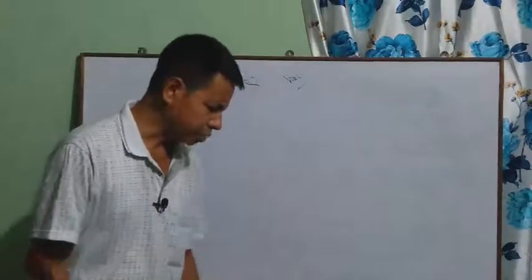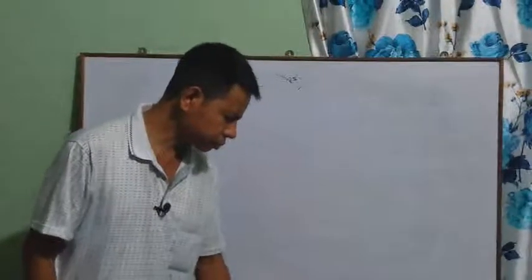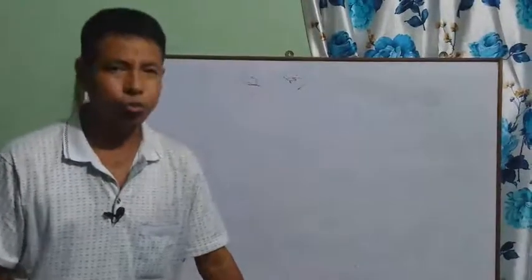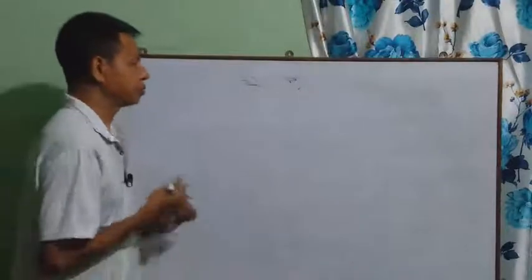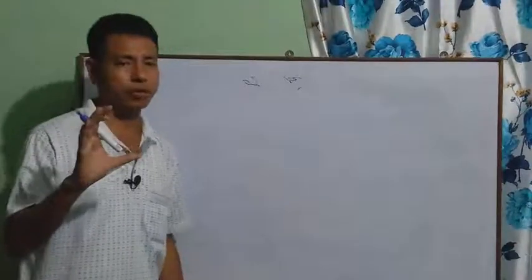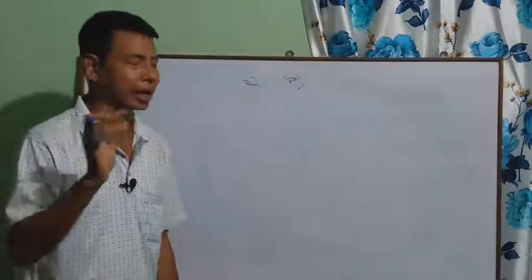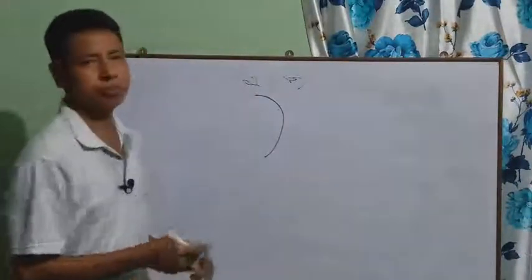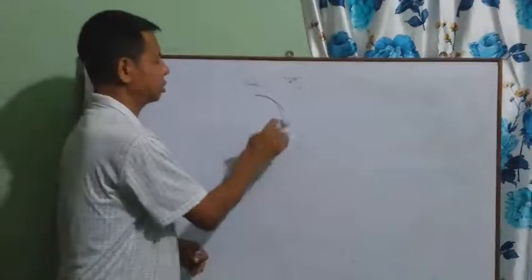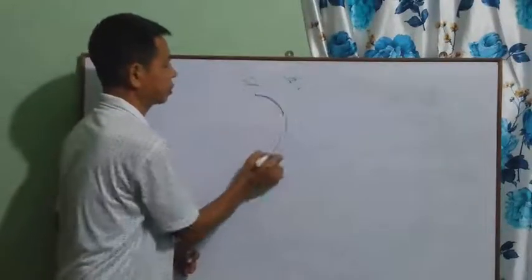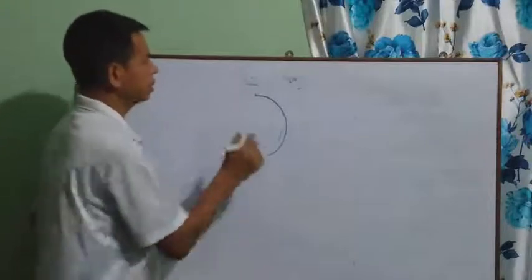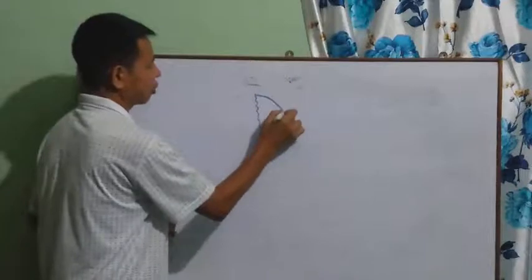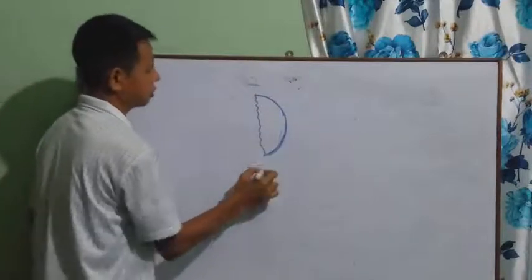Then the next is about the electric room heater. If you observe it nicely, at the back side it is in concave form and it is very smooth and bright also. Suppose the heater is here and then there is a concave surface. Concave means curved inward.